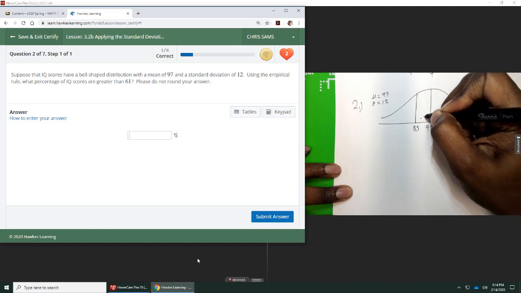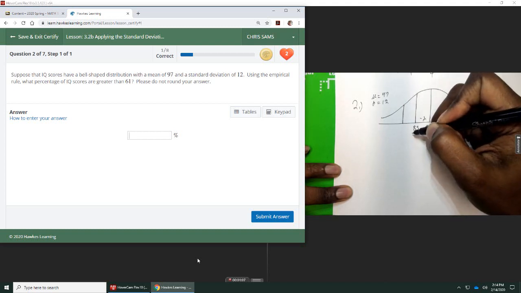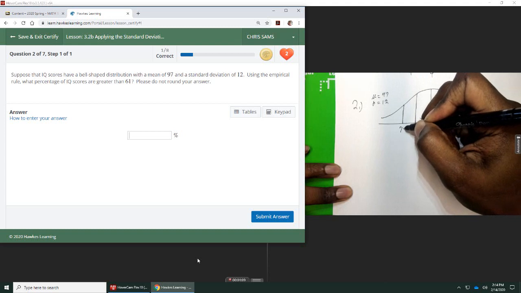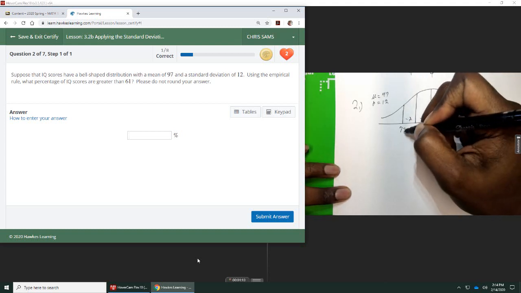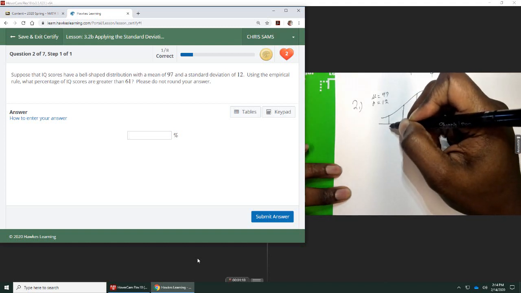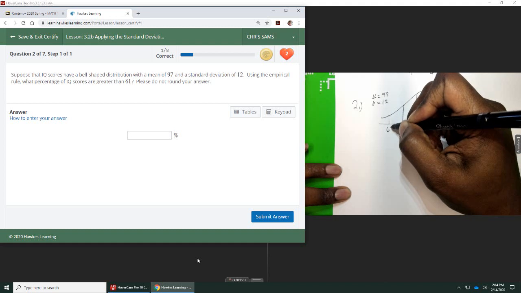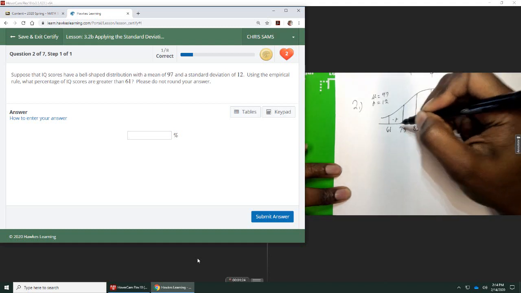So that's 1 sigma. Subtract it again, that would leave us with 73. So that's 2 sigmas. Subtract it again, and that will leave us with 61. Okay, so we subtracted sigma 3 times.